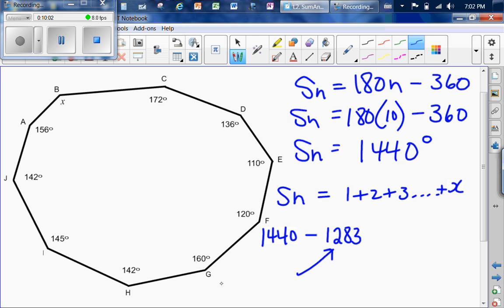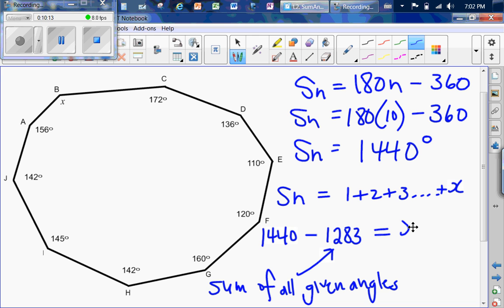So this is the sum of all given angles. Okay, that's going to equal your x value. So when we solve, x ends up being 157 degrees. And if you don't believe me, you can add them all up on your own time and verify that that's true.